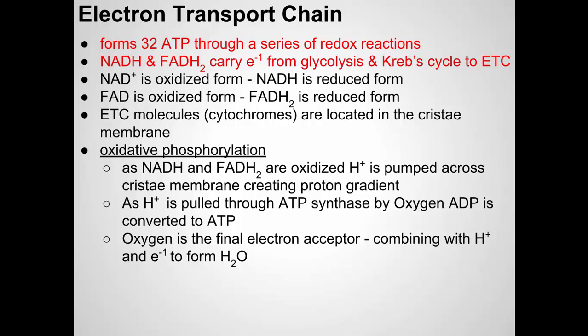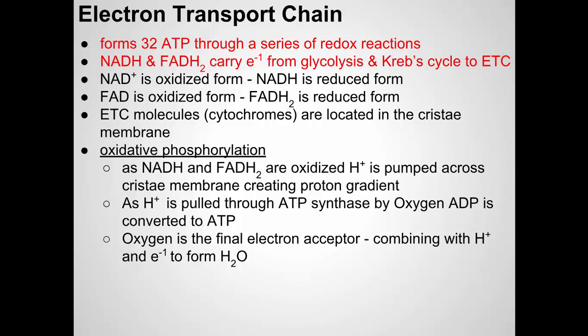These are complexes of proteins and other molecules that are embedded in the membrane that's inside of the mitochondria. Remember, mitochondria looks like that bean with the folds inside of it. The folds are a membrane. Those folds are where the electron transport chain is located.